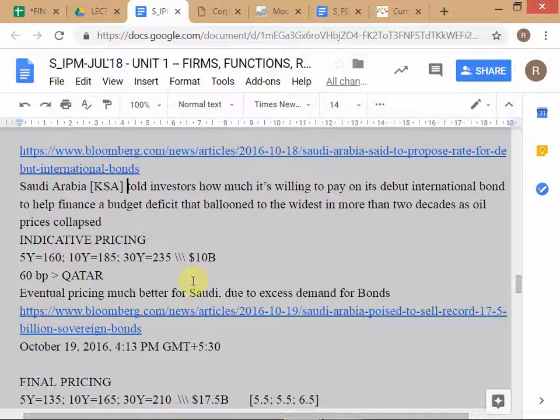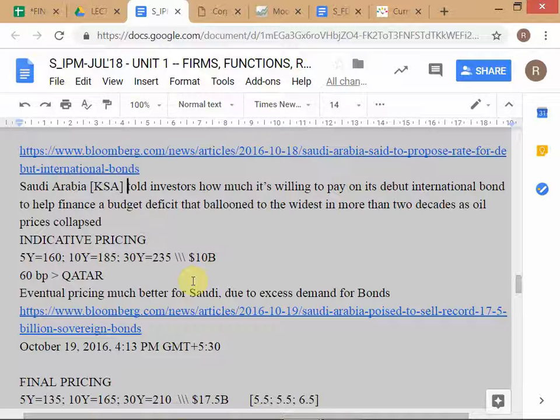They say this is our plan. See, Qatar is offering whatever credit spread Qatar is facing. We are offering you 60 basis points above Qatar. So we are offering 160 basis points over in 5 years, 185 in 10 years, and all bonds are priced like this. When a bond issue is being priced, the international news wires will show Kingdom of Denmark 10-year 5%, a 10-year bond with a 5% coupon, priced at 350 over.